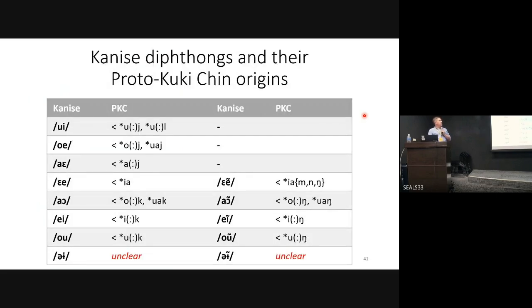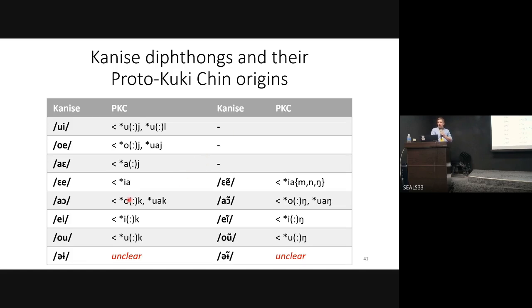So to summarize the origins of these diphthongs, the top three are the continuation of fronting diphthongs from Proto-Kuki-Chin, and there's a reason why those never appear nasalized in modern Kanise. It's because there is no historical origin for that, because these all had a different coda, E or ul in some cases.